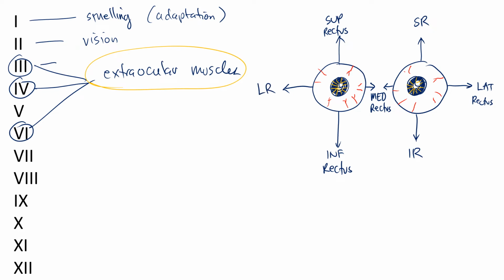Now, there's another type called your oblique muscles. Your oblique muscles complement either your superior or inferior rectus and medial or lateral rectus. So if you want to look up, the two muscles helping each other would be your superior rectus and inferior oblique.